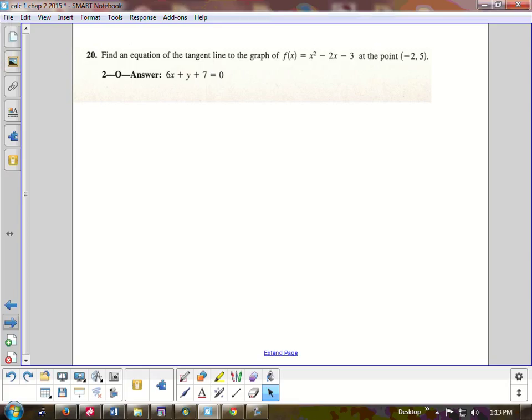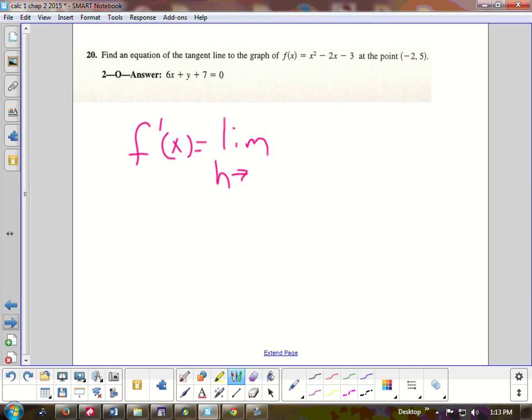It wants the equation of the tangent line of the graph of f of x equals x squared minus 2x minus 3. Now you have to find the derivative doing the long method. Okay, I'm going to fill in what I need to know here.